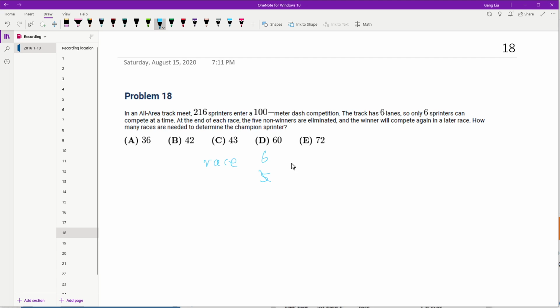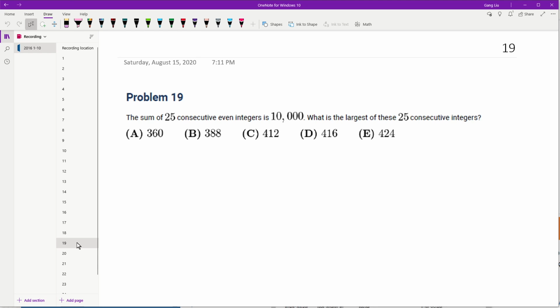So basically each race will take away 5 persons, and to determine a winner we have to take away 216 minus 1 equals 215 persons, and we divide by 5. 215 divided by 5 is going to be 43 games. 43 races need to be run before we determine the champion.